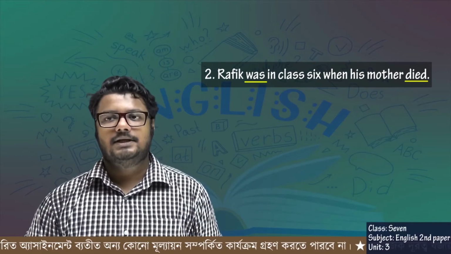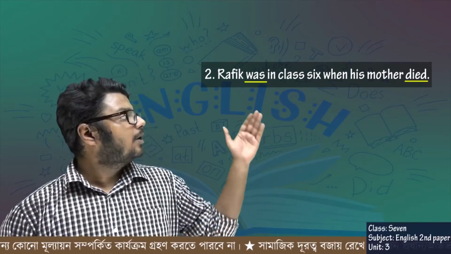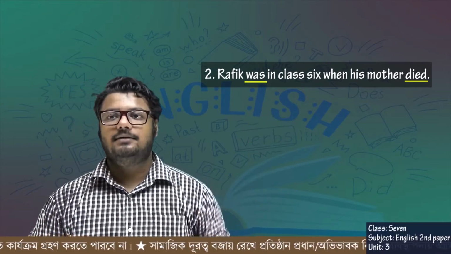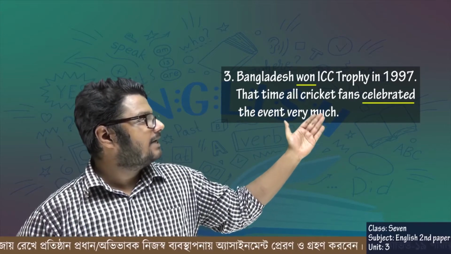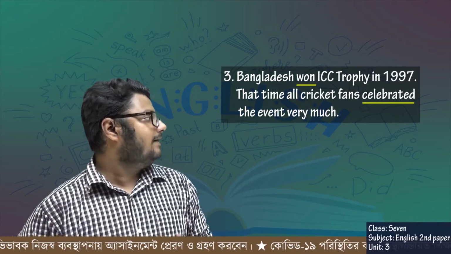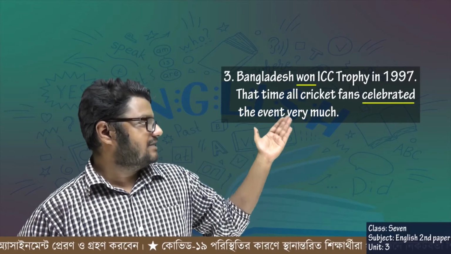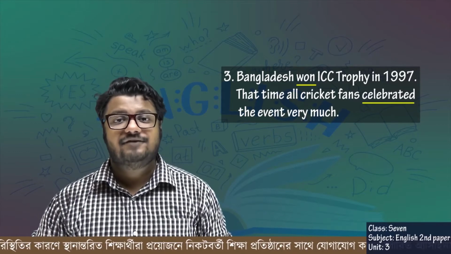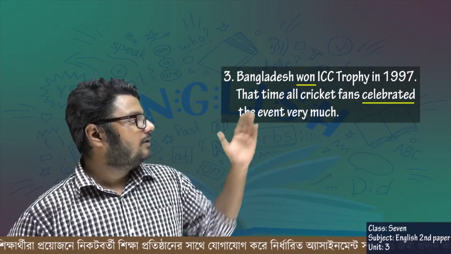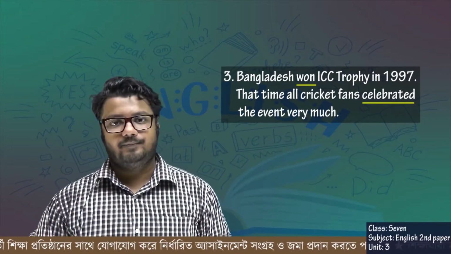In this sentence, the underlined verbs are was and died. Number 3. Bangladesh won ICC trophy in 1997. That time, all cricket fans celebrated the event very much. In this sentence, the underlined verbs are won and celebrated.